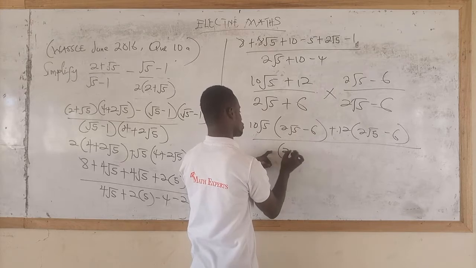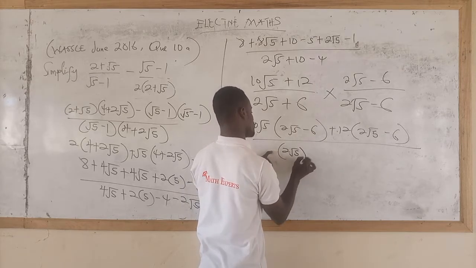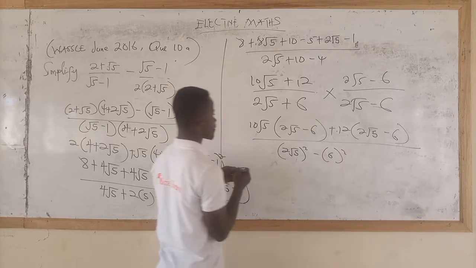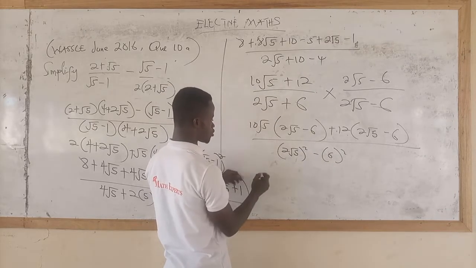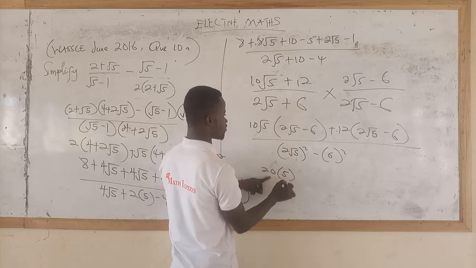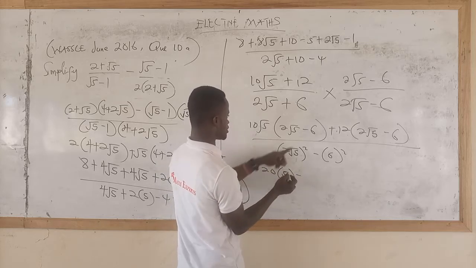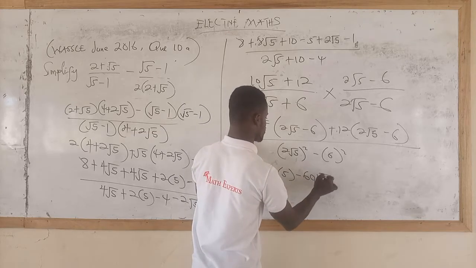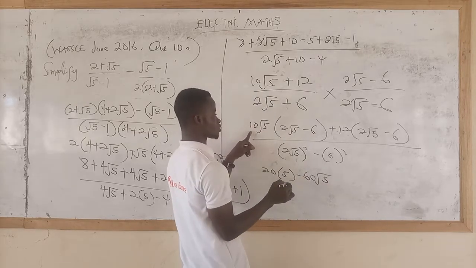So 2 square root of 5 all squared minus 6 all squared. This is going to give you 20 multiplying 5 minus, this time, 60 square root of 5.